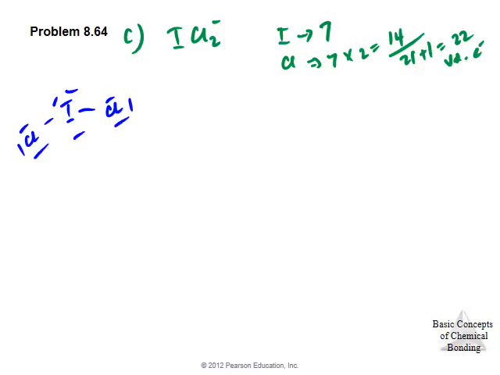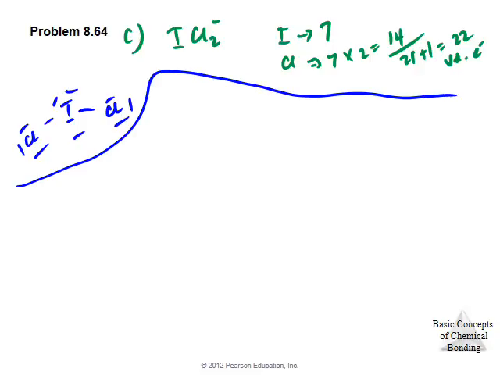Let's now try problem number D. In problem number D, they gave you OPBr3, but they're saying that P is the central atom. So OPBr3. Let's write down all the valence electrons.